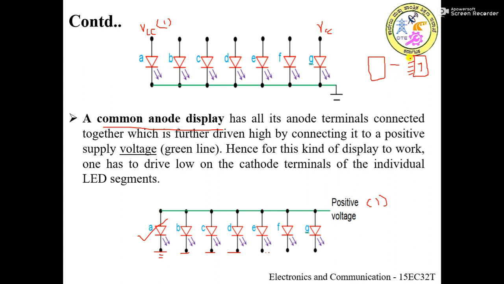Based on the information received, if it is a common cathode, it should receive an information 1. Whenever it receives 1, that particular LED, A B C D E F G, will glow. It means this 7 segment display needs 7 inputs.